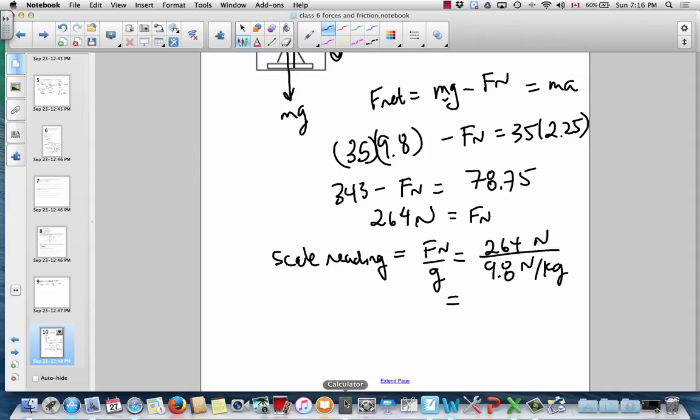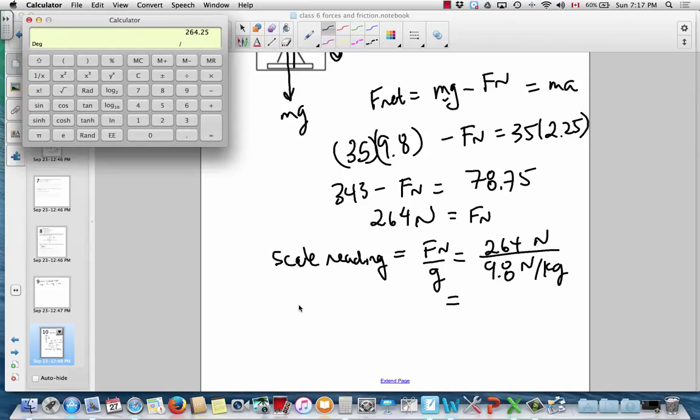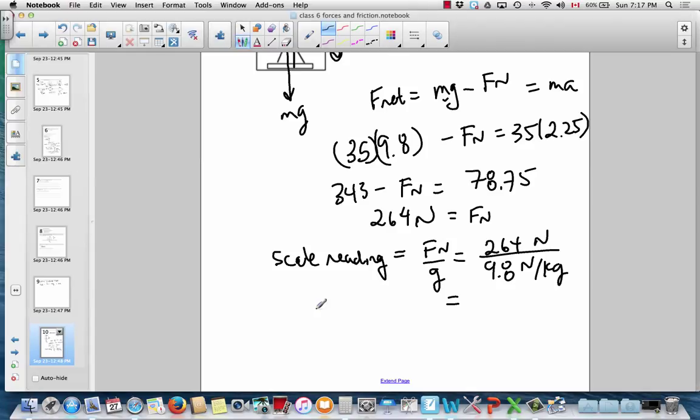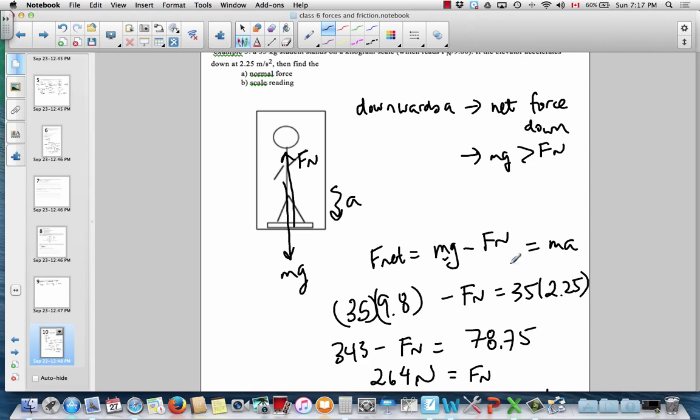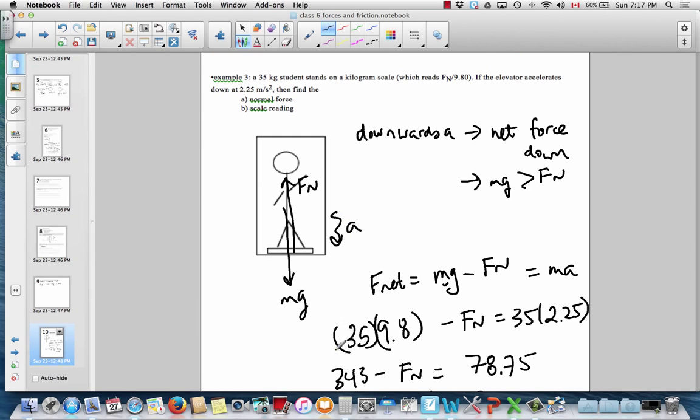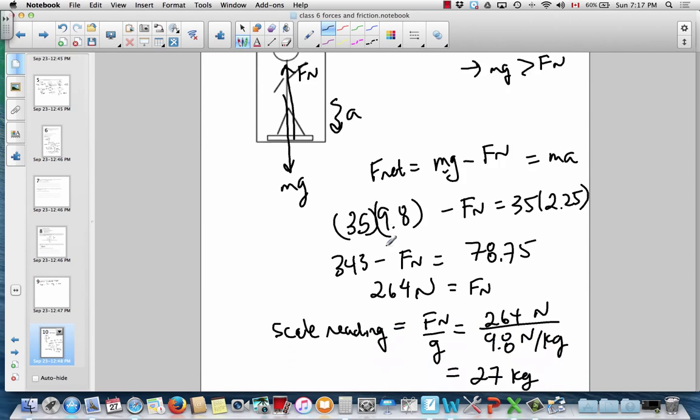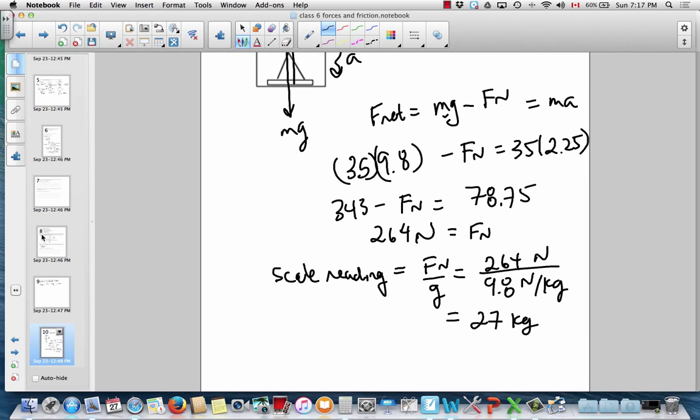And so this is going to be a scale reading of almost 27 kilograms. So that would be your scale reading. Although the actual mass is 35, when you accelerate downwards, the scale reads less. The scale dropped down to 27 kilograms.